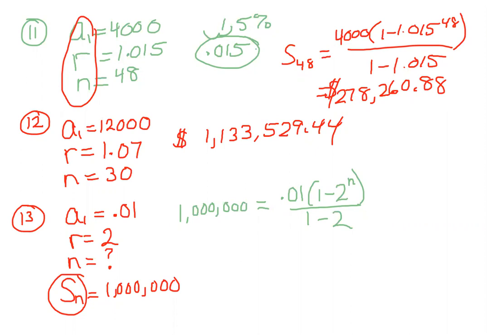Because if R is 2, then the bottom here, 1 minus R, should be -1. So this is -1. So I'm going to multiply by -1. So I get this. Did I do too many? 1, 2, 3, 4, 5, 6.